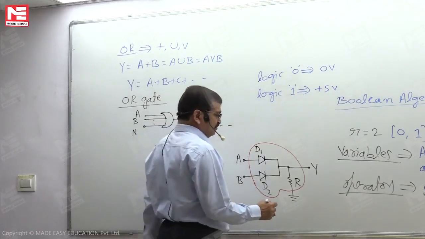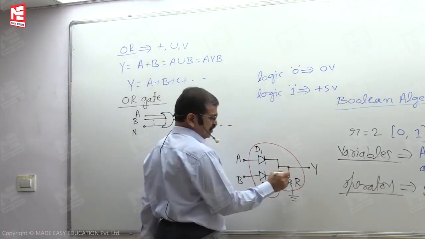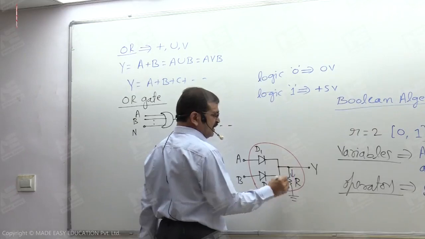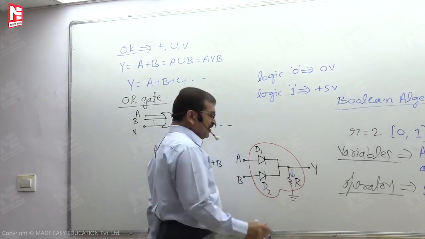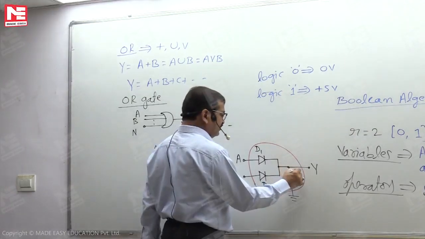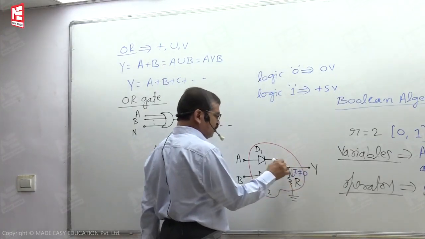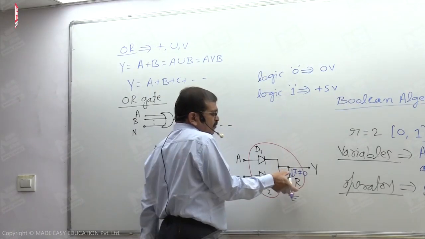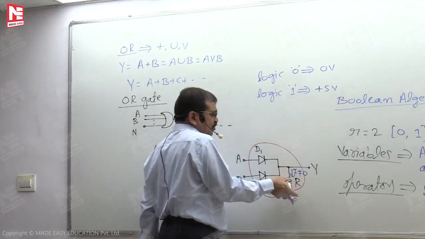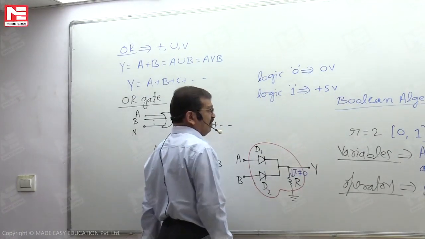If you want to see the voltage drop across this resistor, then there must be current through this resistor. If we have some non-zero current flowing through this resistor, then there will be a voltage drop across it. That voltage drop is read as the logic 1 level.